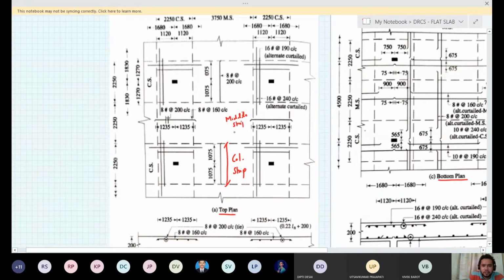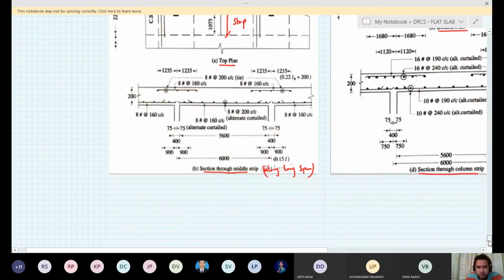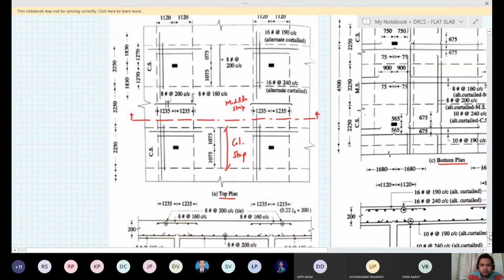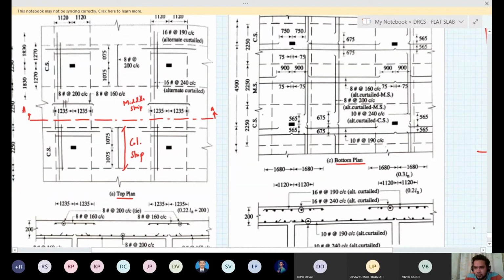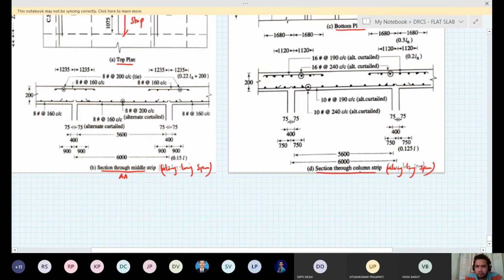So the section is taken, so this section, let us say this is section A. So this section is actually through the middle strip. Okay, and this section is through the column strip.